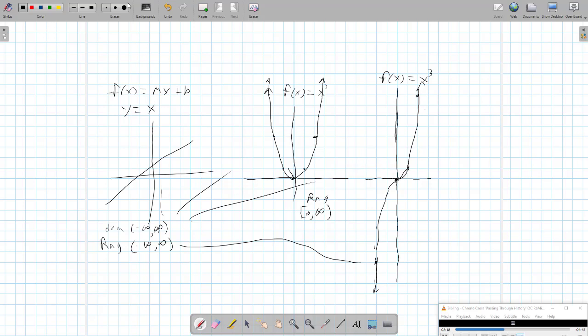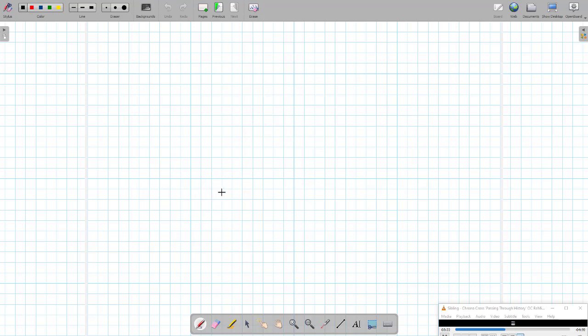Let's keep going. So let's talk about the square root function. So f of x equals the square root of x. Let's see here. Don't need that much vertical space. Do need some horizontal space.